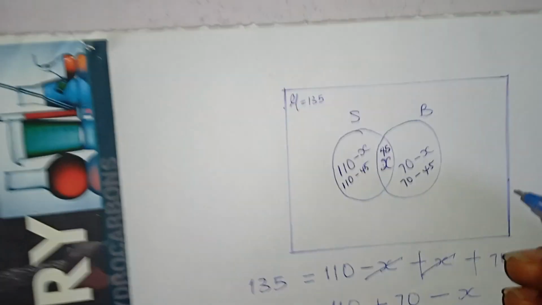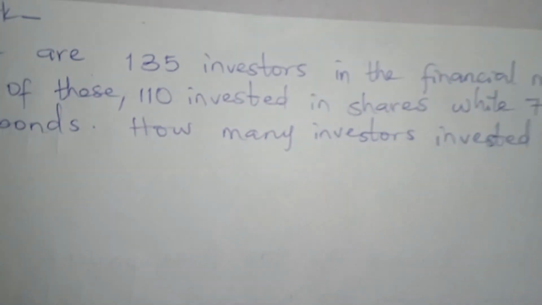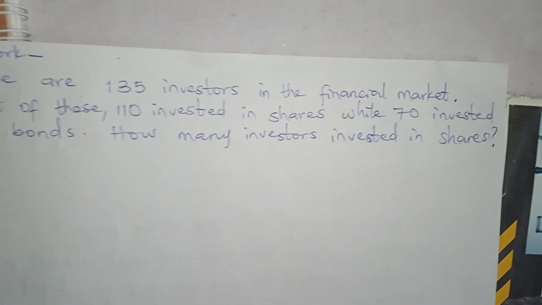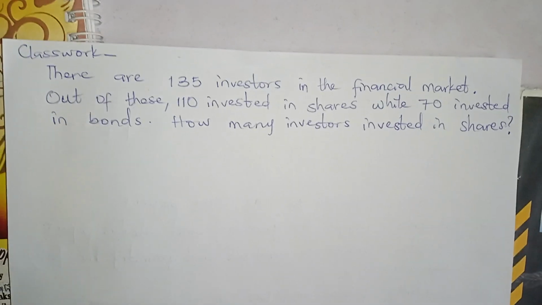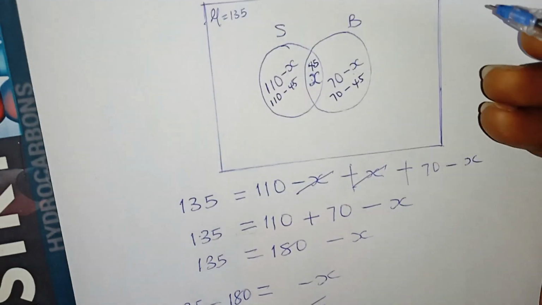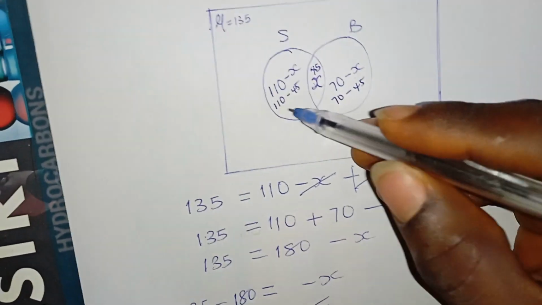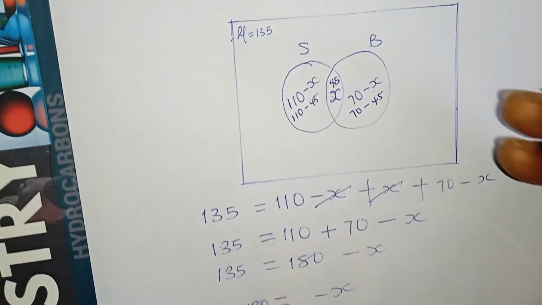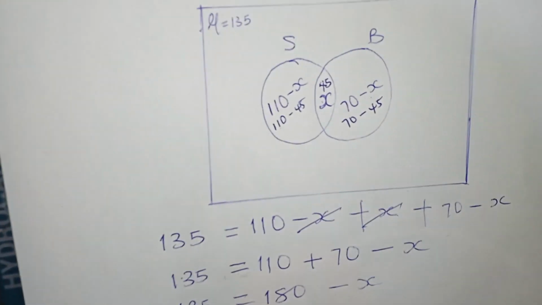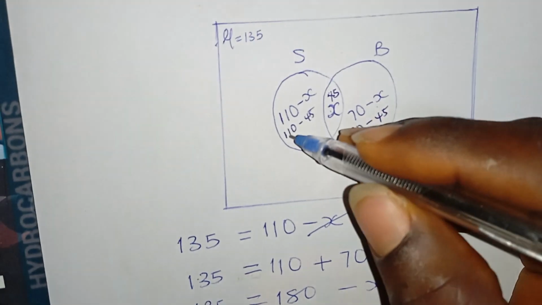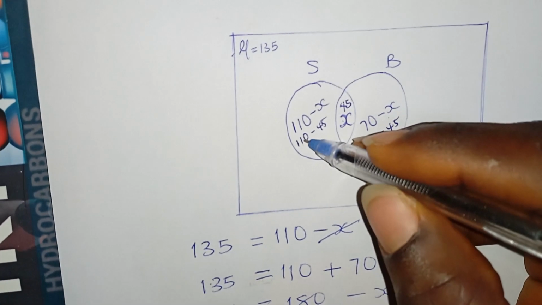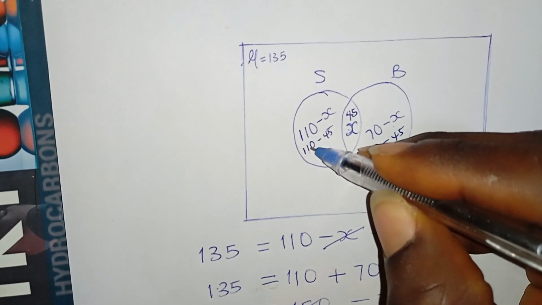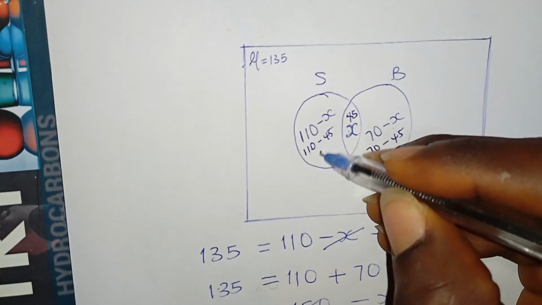So to answer the question, how many investors invested in shares? The number of investors that invested in shares only is simply 110 minus 45. 110 minus 40 is 70. Now if I remove 5, it's remaining 65.